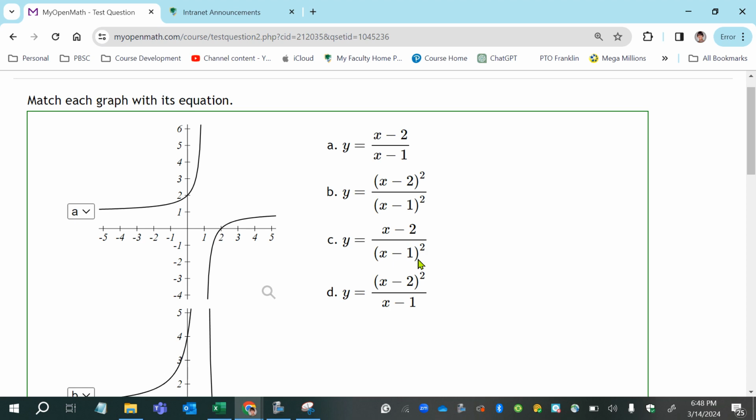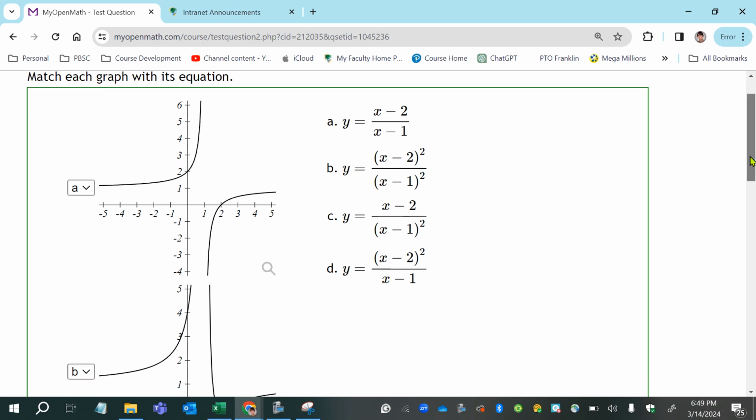So the top is going to be increasing much more slowly than the bottom, and in fact the bottom will be increasing exponentially faster, and so this is going to eventually approach 0 as those x values get huge. So C should have a horizontal asymptote at y equals 0, the x-axis.